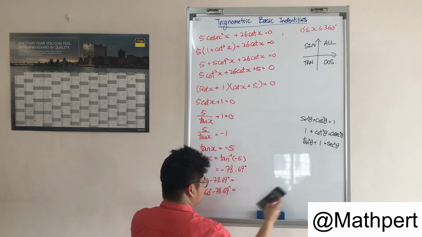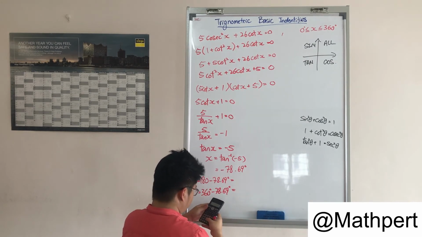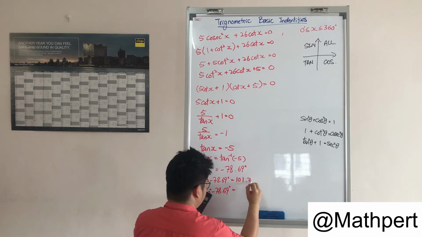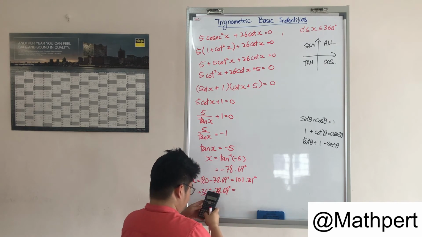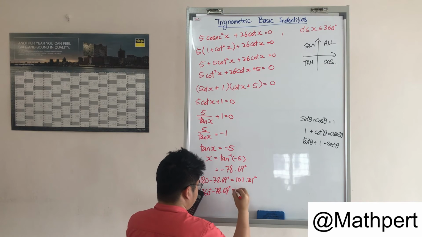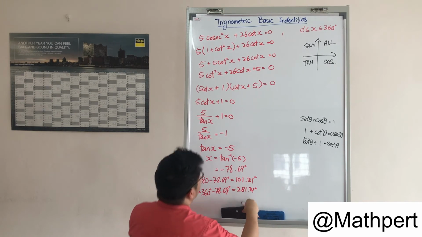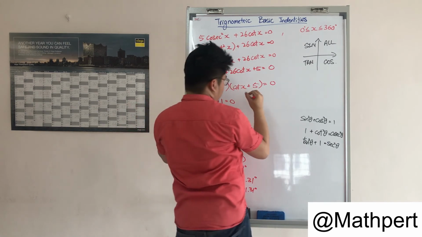How much do we get? 180 minus 78.69 gives 101.31 degrees. 360 minus 78.69 gives 281.31 degrees.